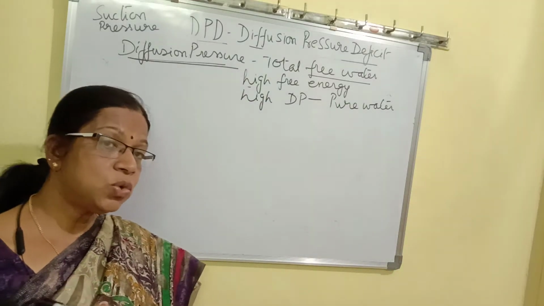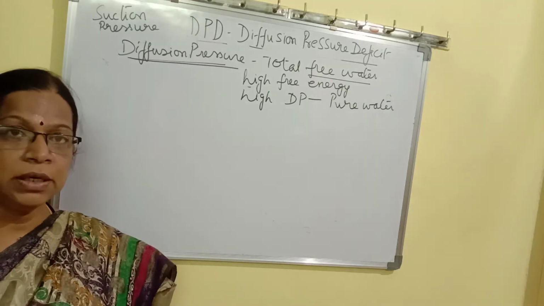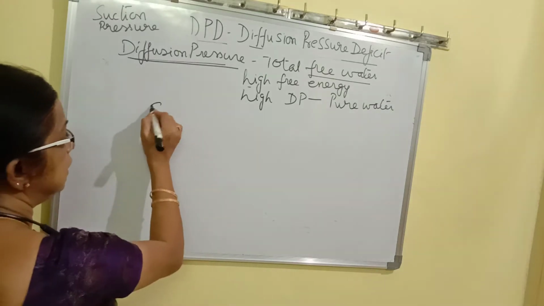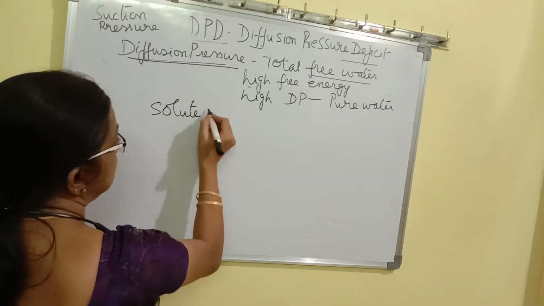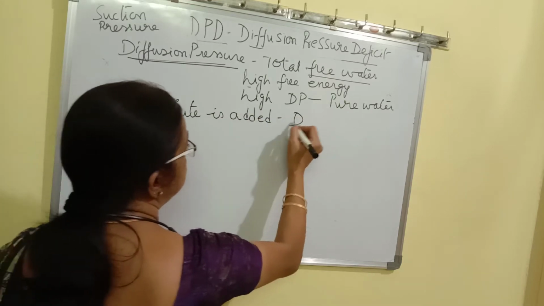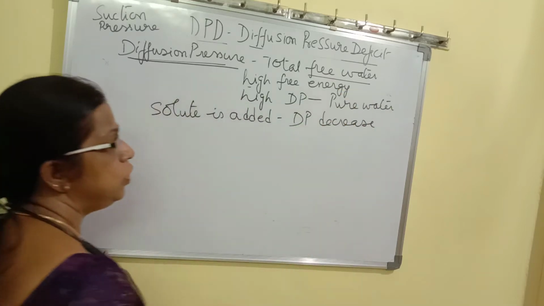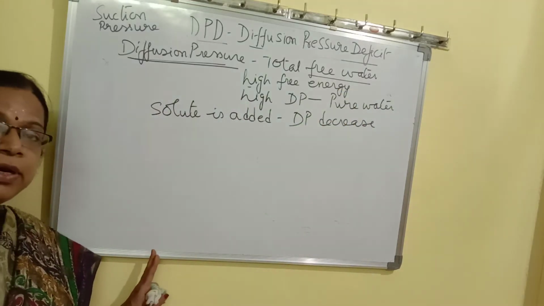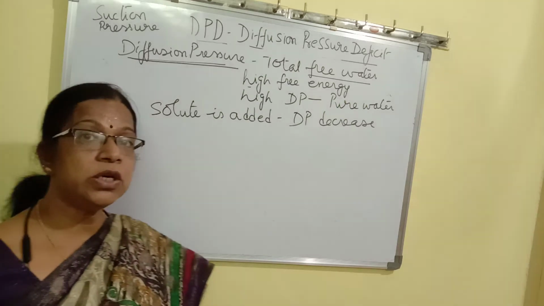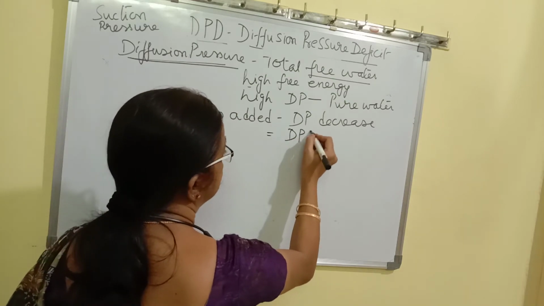But when we add solute to pure water, we are increasing the concentration. When solute is added, diffusion pressure will decrease. That decrease in diffusion pressure due to the addition of solute is what we call DPD.